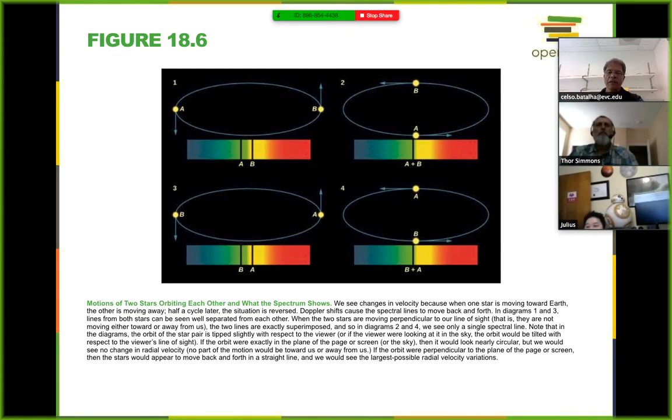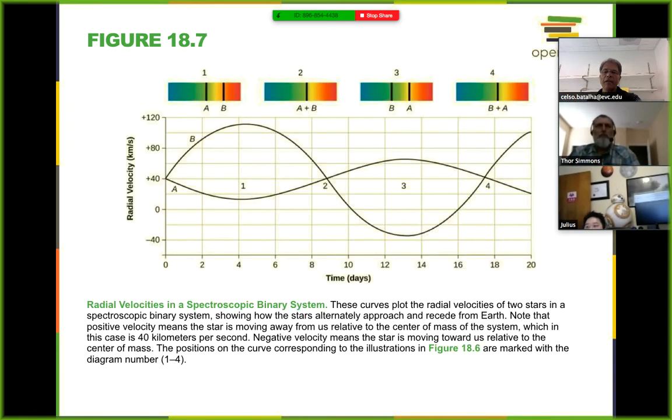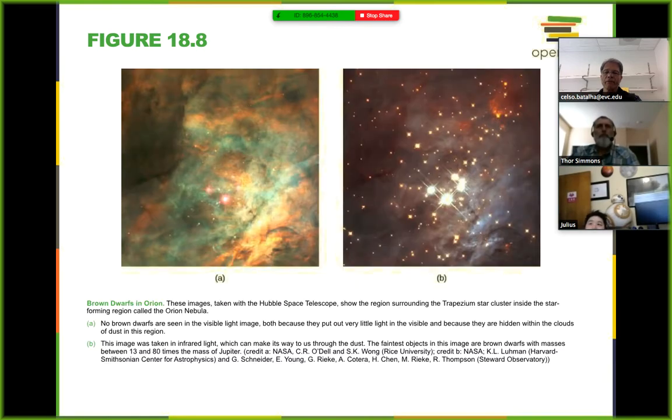Because depending on the lines, and you also can find out how far apart they are based on the rotational period of it. And that is the radial velocity curve of both stars that astronomers can use to further infer physical properties of stars.